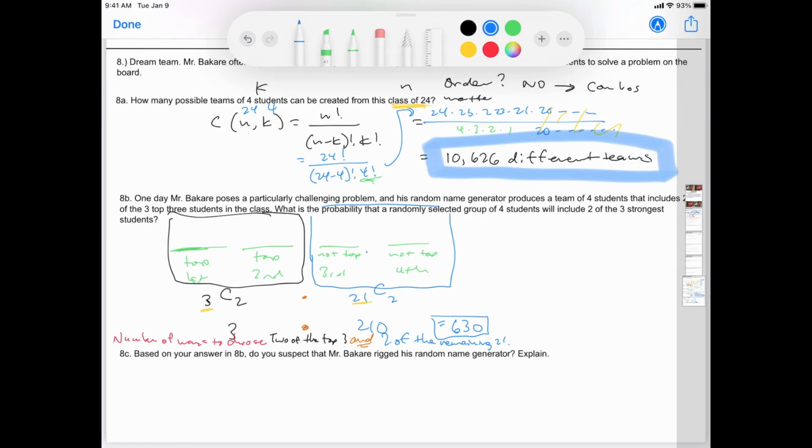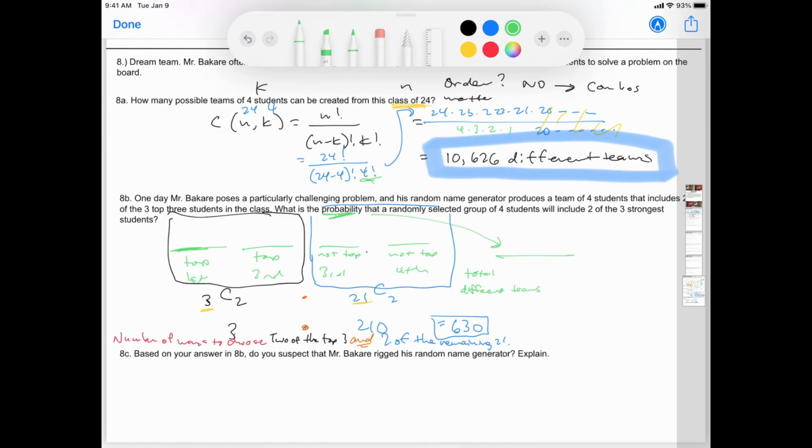Okay. All right. So let's review what we've done so far. This is the total number of ways of getting 2 of the top 3 and then 2 of the remaining 21. Okay, so how do I get a probability? Remember, probability is a fraction. So basically I want the total number of different teams, right? That's from the first part of the question.